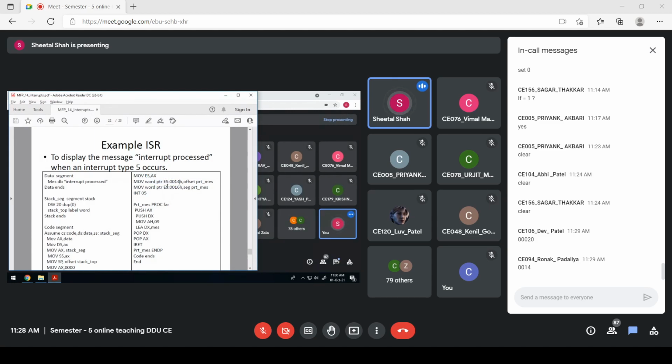What is the ES value here? You might have observed that ES contains 0000. So the offset value as well as the segment value of this interrupt service routine I am placing into the interrupt vector table at the addresses 0014H as well as 0016H. Is this thing clear?